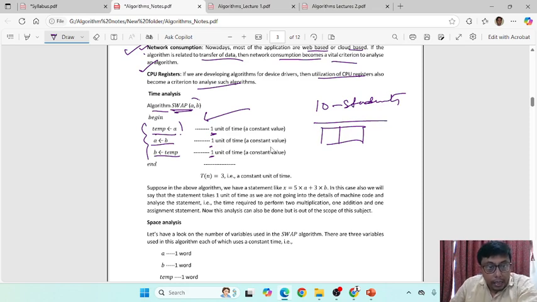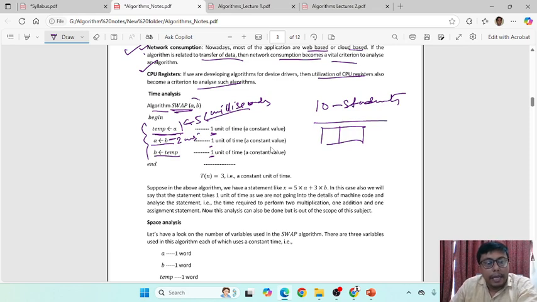If this particular statement takes 5 milliseconds to execute, then all the other 9 machines with the same configuration will take 5 milliseconds. If this instruction takes 2 milliseconds, then all other 9 machines will take 2 milliseconds.